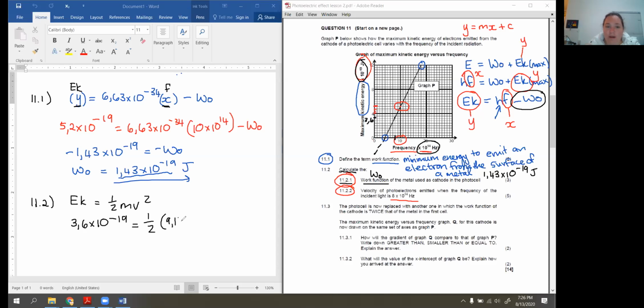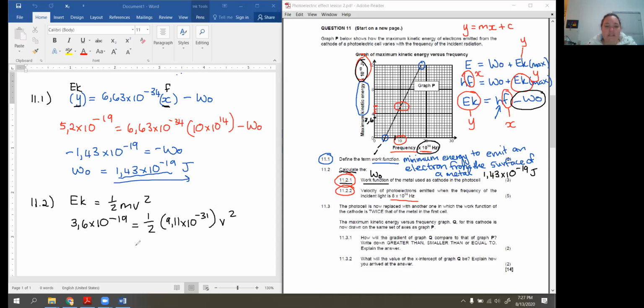It's 9.11 times 10 to the negative 31 kilograms, and then multiplied by v squared. So if I take my 3.6 times 10 to the minus 19, I times it by 2 to get rid of the half. I divide it by, use brackets, 9.11 times 10 to the negative 31.